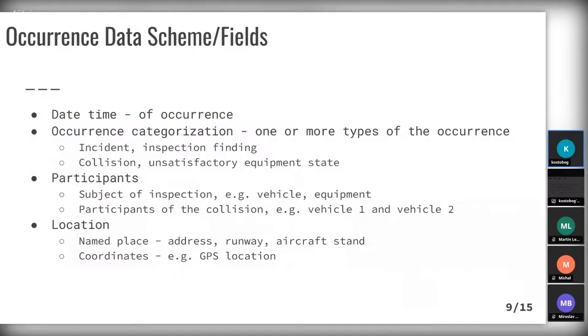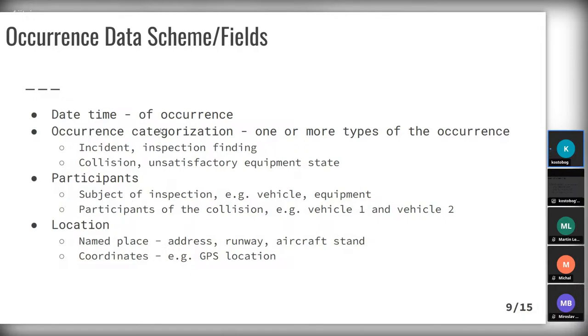So to generate the data, I need to somehow define some schema. There are a lot of different data sets that we have to test the application. However, in general, there are these kinds of fields. There is a date time of the occurrence, then there is some sort of occurrence categorization.